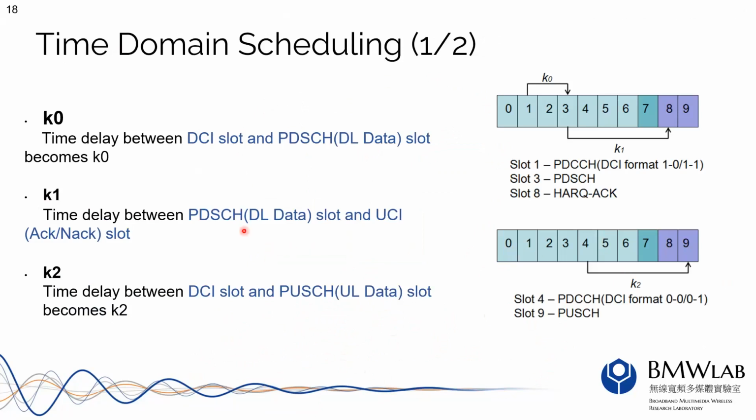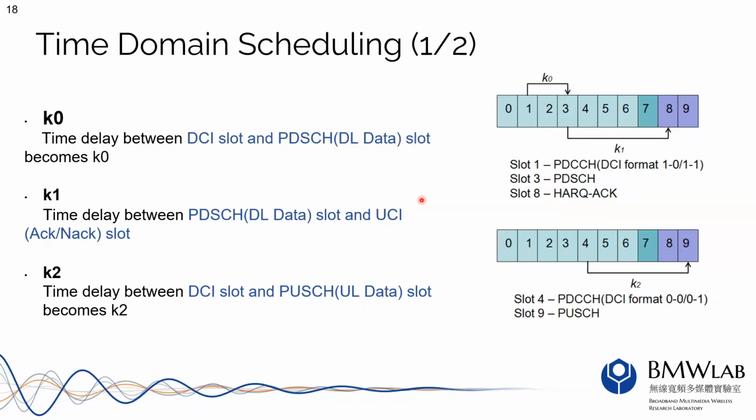Then let's talk about the time domain scheduling first. Actually, it's not difficult to understand. First, we need to know the unit of time domain allocation is the slot. As you can see, here are three parameters, called K0, K1, K2. K0 means the time delay between the DCI slot and the PDSCH slot, also known as downlink data.